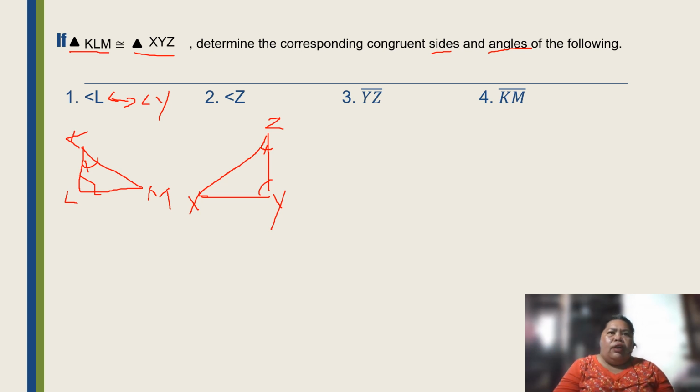Angle K corresponds to angle Z. For segment YZ, this one or this one sa taas, no, it corresponds to segment KL.